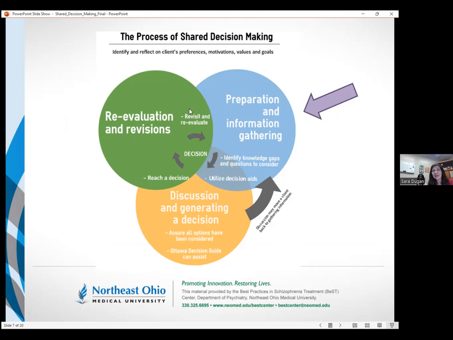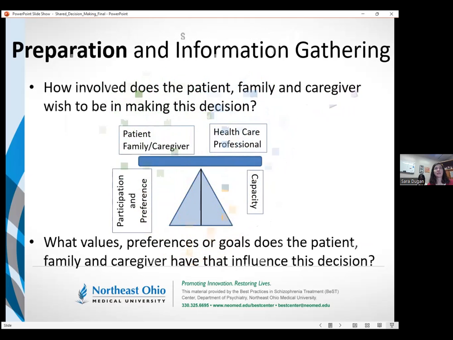So recognizing that we could go from one step to the other, but there may be instances where it's appropriate by this arrow right here to go backwards. So maybe we do need to take that step back during the discussion and trying to come to a decision. Maybe we realize that, you know what, we're not prepared and we need more information. So sometimes that may be the step in order to complete the whole process.